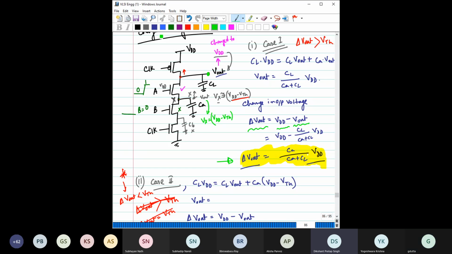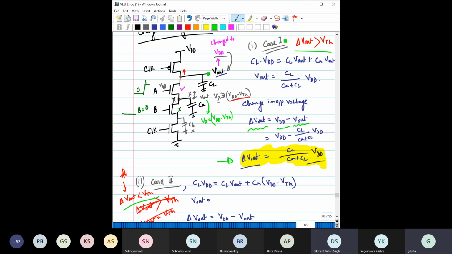So what I am trying to say, see, for case 1, this is the criteria, delta V out has to be greater than VTH. For case 2, the criteria is delta V out has to be less than VTH, right? So there will be some situation where this delta V out would be equal to VTH, and that would give us the boundary condition, right?